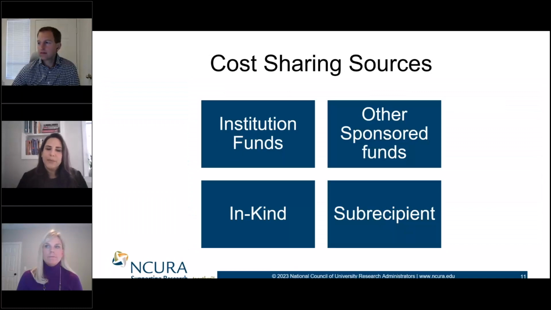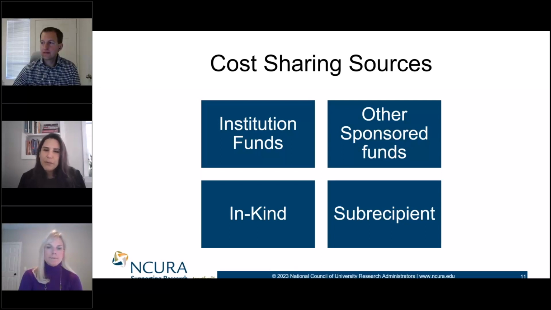And then we have sources that we're going to talk through. We have institutional funds that we'll cover. So, Erin works for University of Buffalo, Jeff works for Caltech. If their institution is funding a piece of the project, then those funds are coming directly from University of Buffalo or Caltech. You might have other sponsored funds, like we mentioned, wouldn't be a federal source.